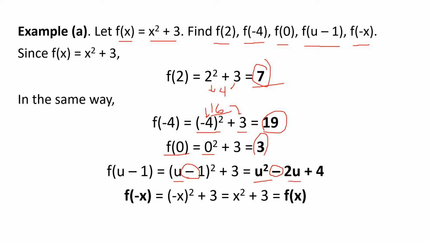Now, your third term is the square of your second term, which is negative 1. The square of negative 1 is equal to a positive 1. So positive 1 here is your third term in this special product, plus this 3. So that will be equal to 4.